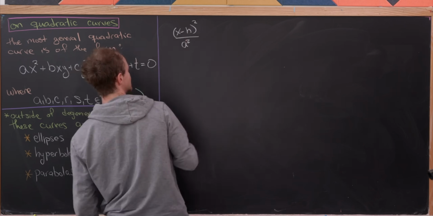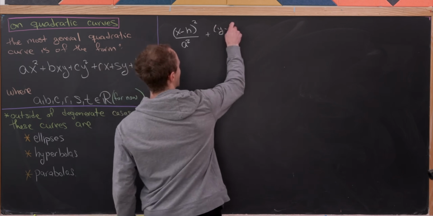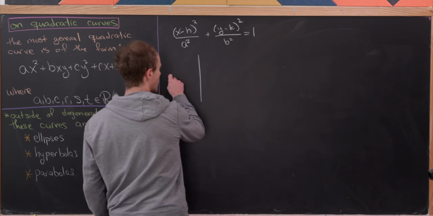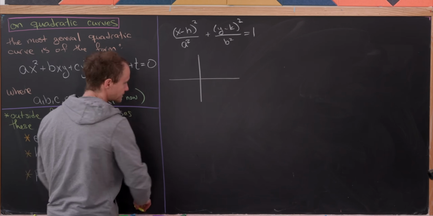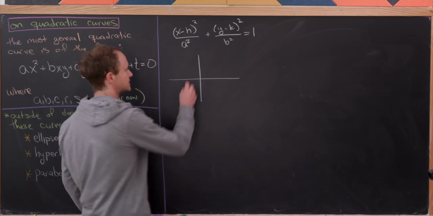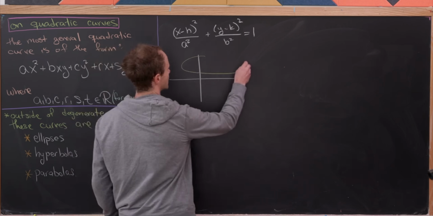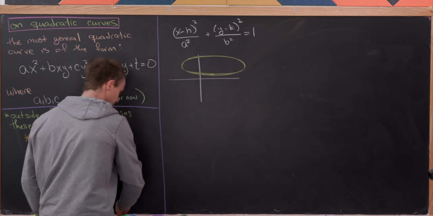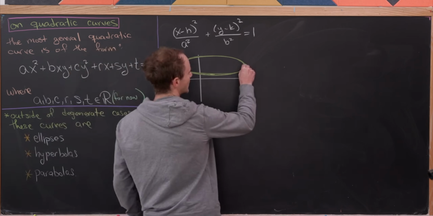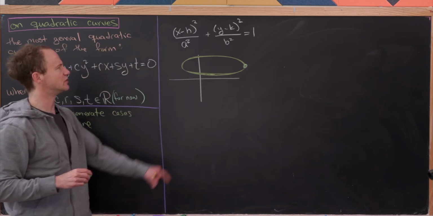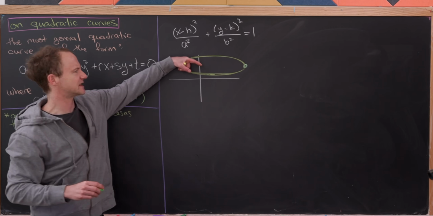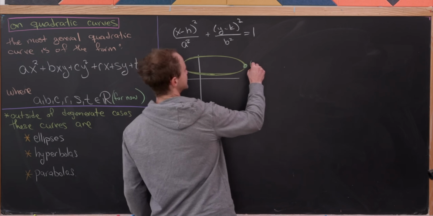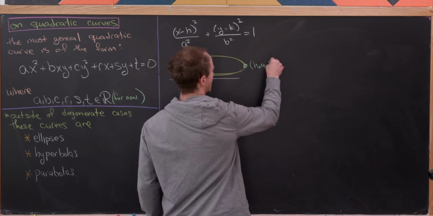Let's start with the following equation of an ellipse. We have (x minus h) squared over a squared plus (y minus k) squared over b squared equals 1. So what is the graph of this? Well, it's going to be an ellipse. So let's get an ellipse drawn on the board, and then we can label some points on this ellipse. This point way out here is on the major axis, so it would be of the form h plus a, comma k.